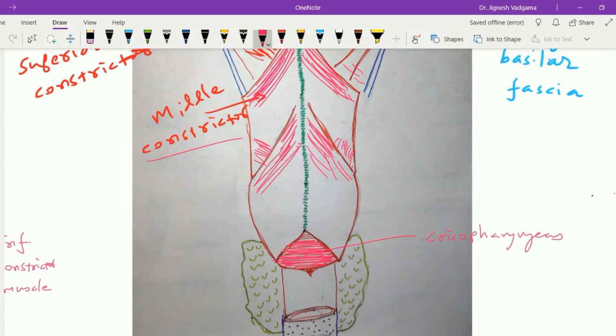And this gap between the thyropharyngeus and cricopharyngeus is a very weak area, the weakest part of the pharynx, and this is called Killian's dehiscence.